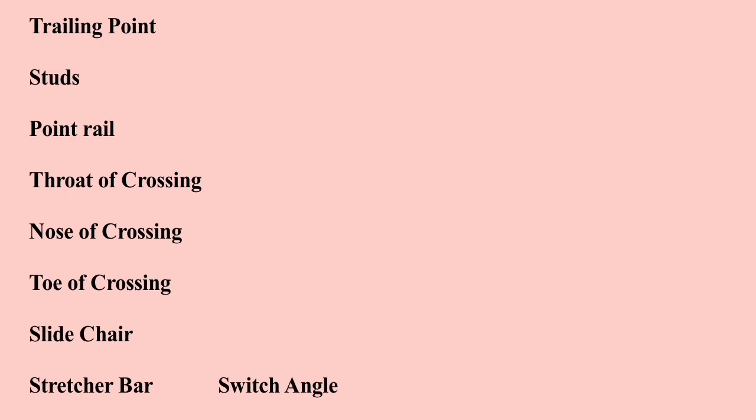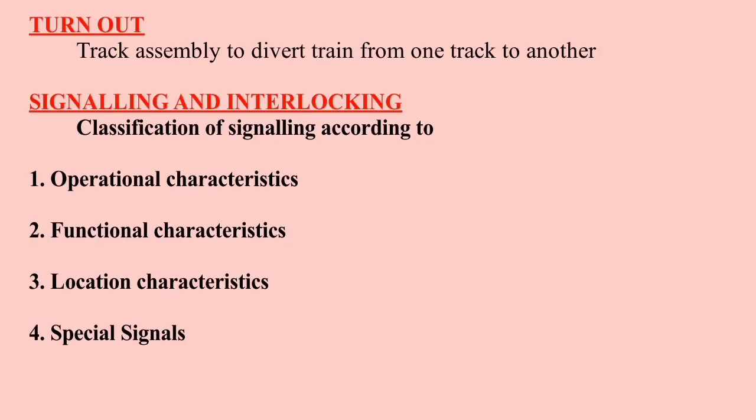Now, what is a stretcher bar? This is the bar connecting the top of both the tongue rails and allows them to traverse the same distance at a time. And what is a switch angle? This is the angle between the running faces of the stock rail and tongue rail. Turnout. It is a track assembly used for diverting a train from one track to another.